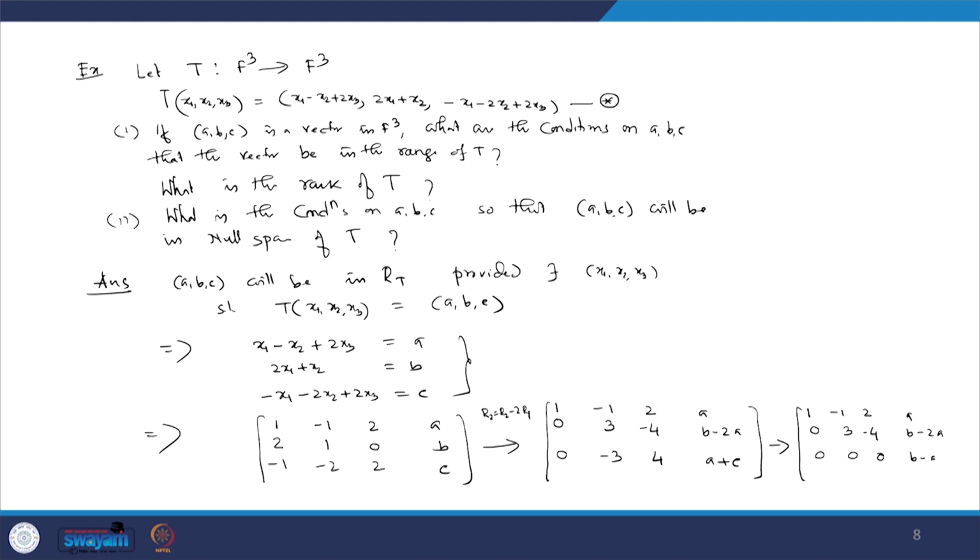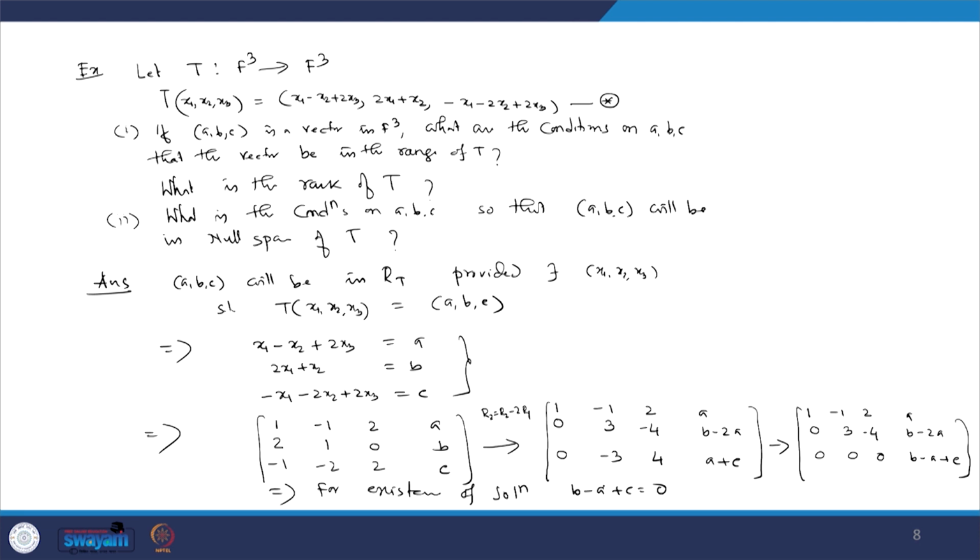So, for existence of solution, we need b minus a plus c equal to 0.